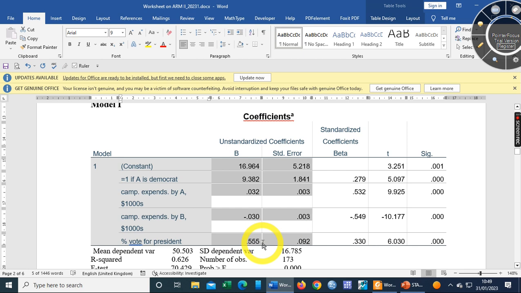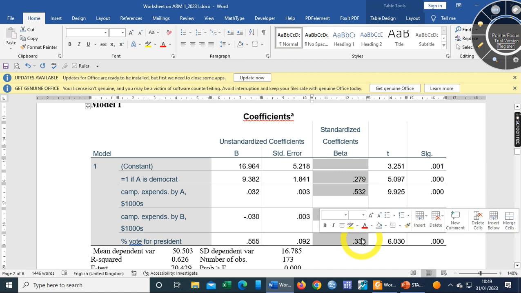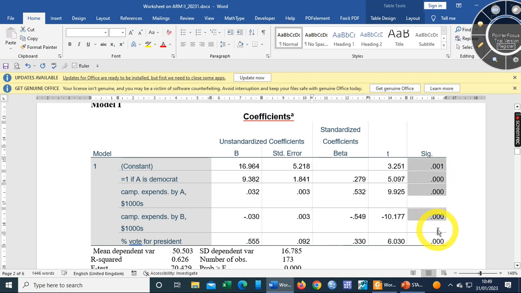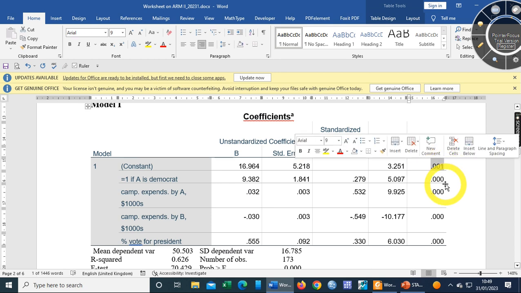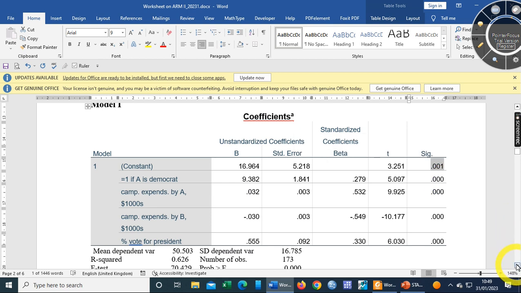This is the unstandardized beta along with its standard error. This is the standardized beta coefficient. And this is the p-value, and as you're seeing from the result, all coefficients, including the intercept, are statistically significant.